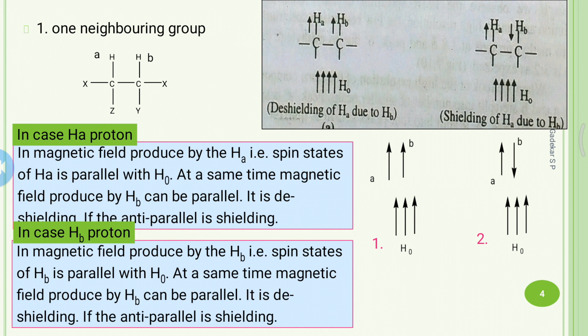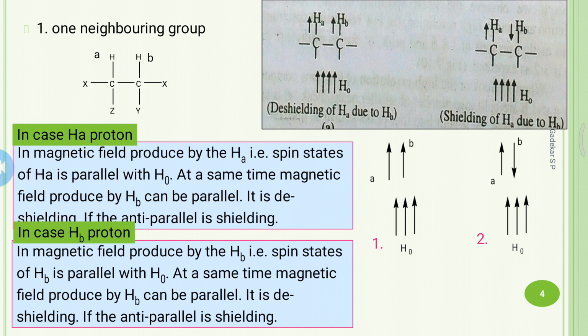So in the case of the A proton interacting with the applied magnetic field, the spin state of HA is parallel with the applied magnetic field. At the same time, the magnetic field produced by HB can be parallel, and it is de-shielding. If they are anti-parallel, it is shielding.